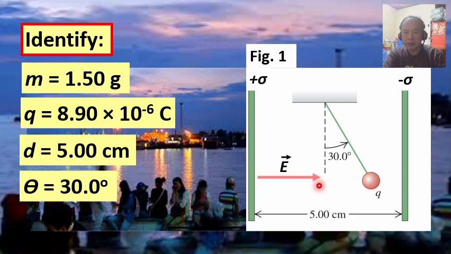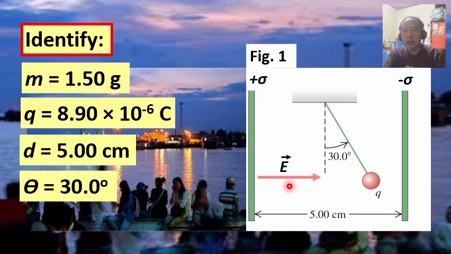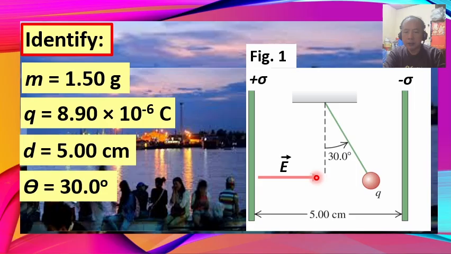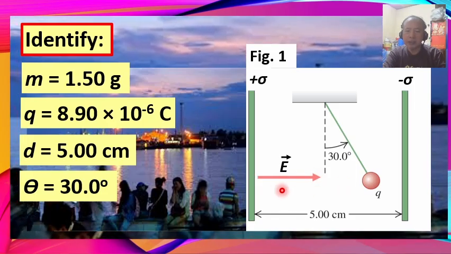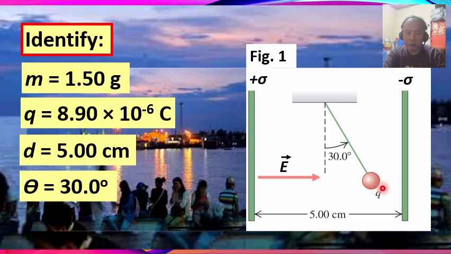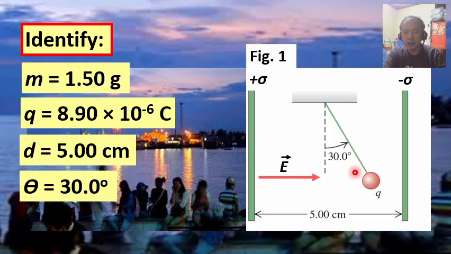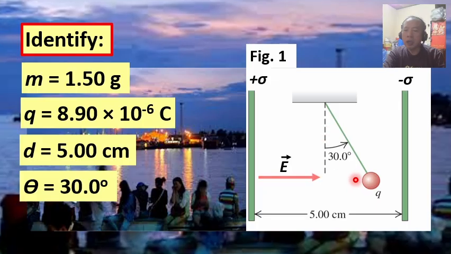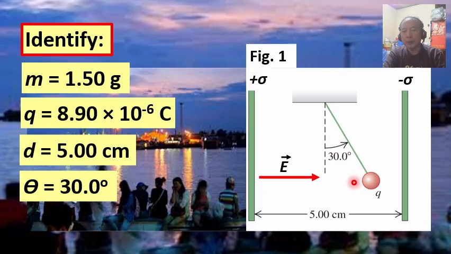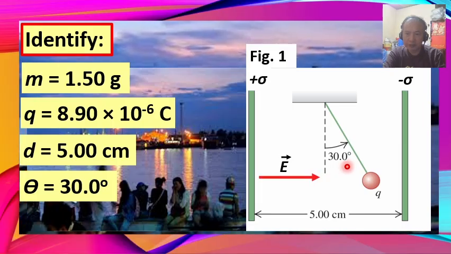Thus the sphere is pushed by this electric field in the direction shown here, causing the thread to form an angle equal to 30.0 degrees.